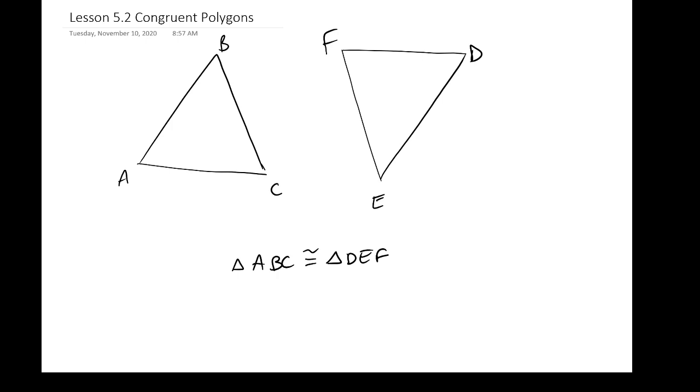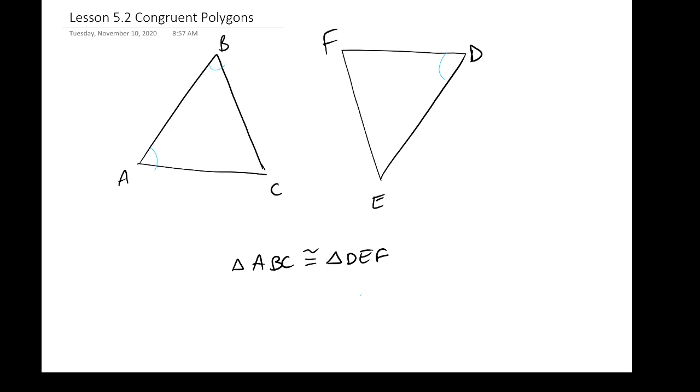It's actually rather straightforward the way that this is done in mathematics, that the corresponding parts, like A and D, are going to be associated with each other. So in other words, because A is the first letter and D is the first letter listed in these polygons, it means that these two are going to be congruent. Moreover, B is the second, E is the second, right?